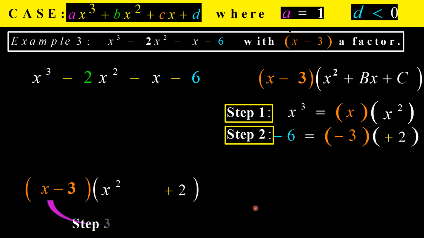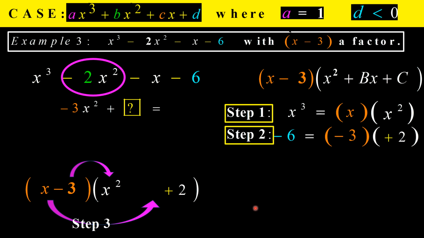And to find the third one, I want to find my middle term. But to work out the middle term, I need to look at, that's correct, the terms in x squared. That gives me negative 3x squared. And this negative 3x squared with something must give me the other term in x squared, negative 2x squared. Now negative 3 plus what is negative 2?